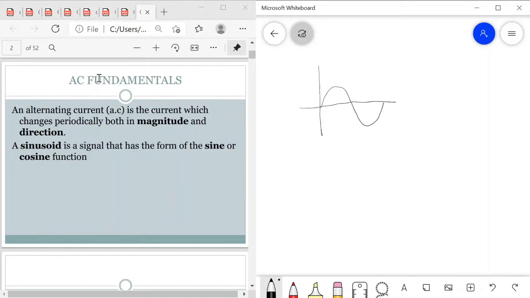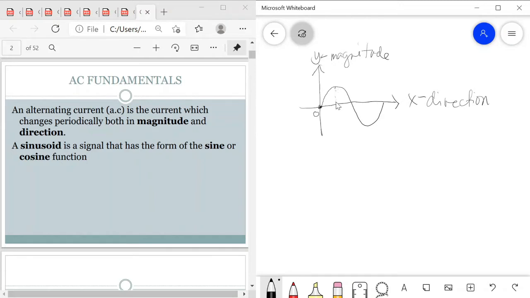So AC fundamentals, alternating current, changes periodically both in magnitude and direction. Your y-axis is the magnitude and your x-axis is the direction. This is a sine function. It starts at 0 degrees.